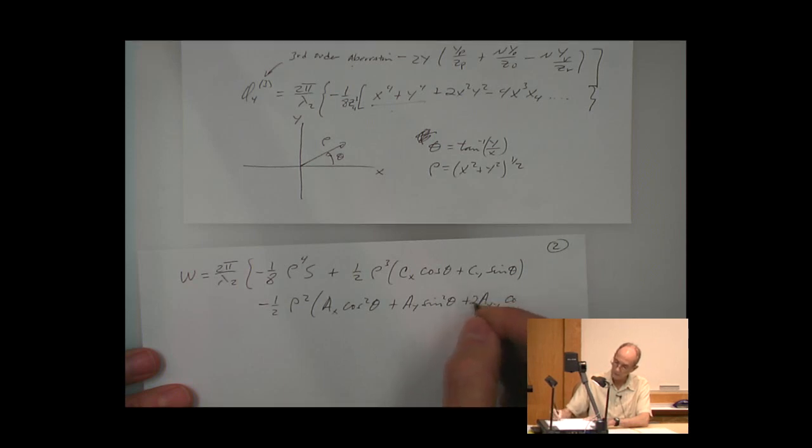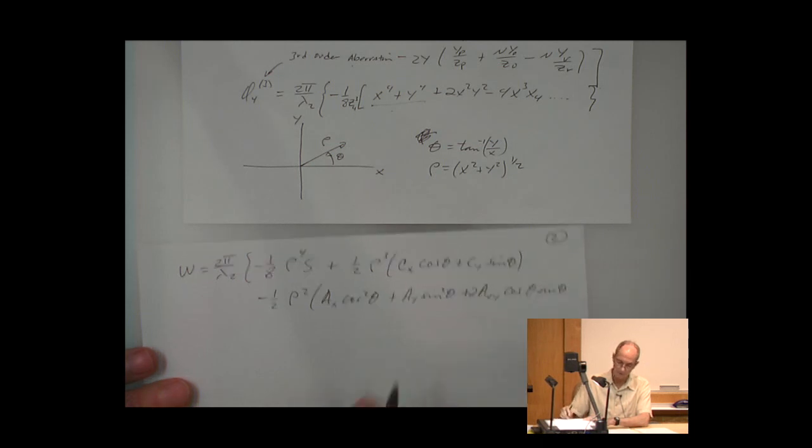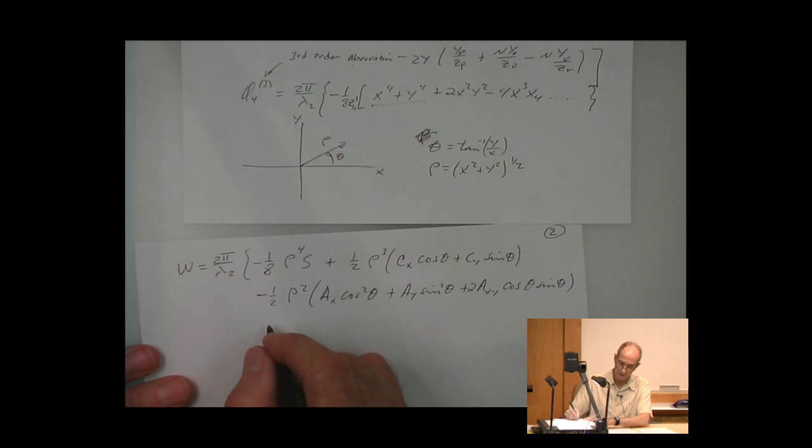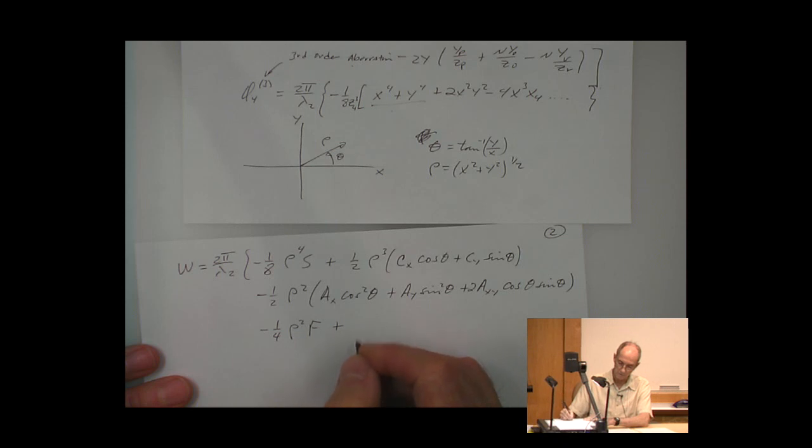Sorry, there's a 2 in there. Cosine of theta, sine of theta. Okay, and then there's another term related to this one, minus 1/4 rho squared f, and then plus one. The last term is 1/2 rho times d sub x cosine theta plus d sub y sine theta.